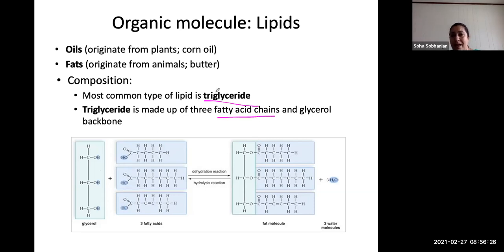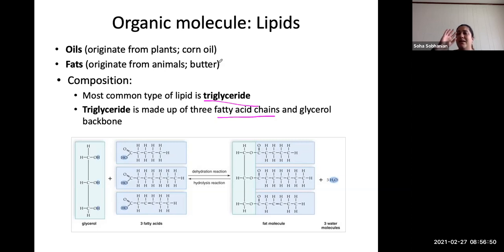There are 3 of them, hence the word tri means 3. And then the backbone you see right here is glycerol. So the backbone is glycerol, and then you have 3 chains of fatty acid in front of it. As a whole, that forms your triglyceride. Does that make sense so far, guys?